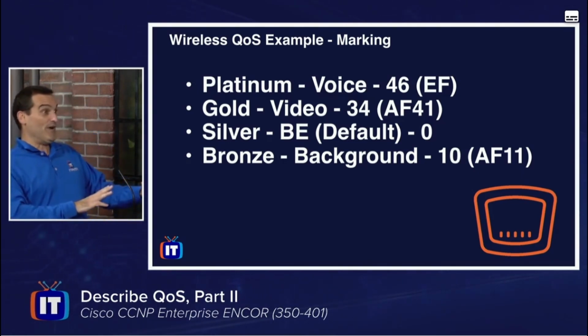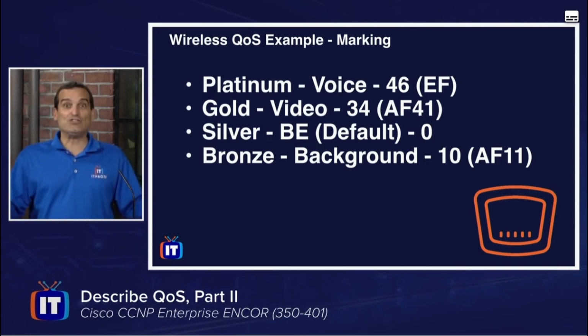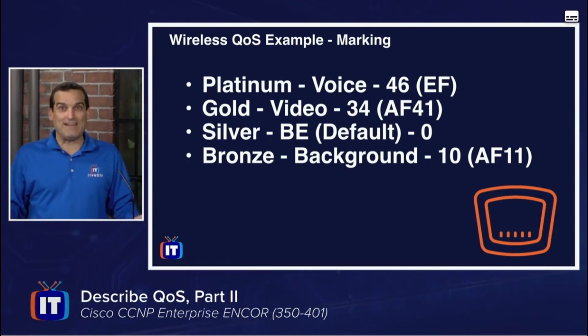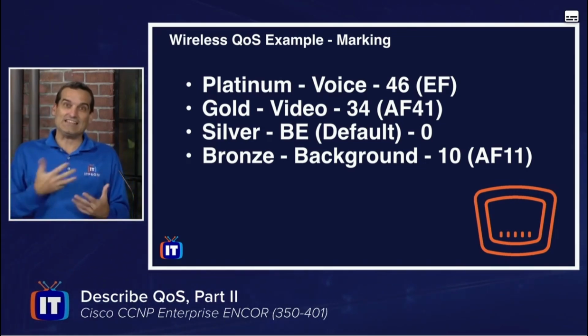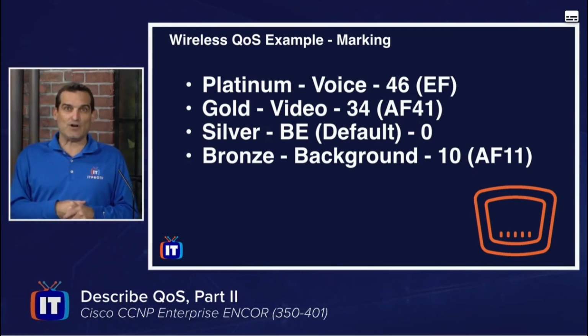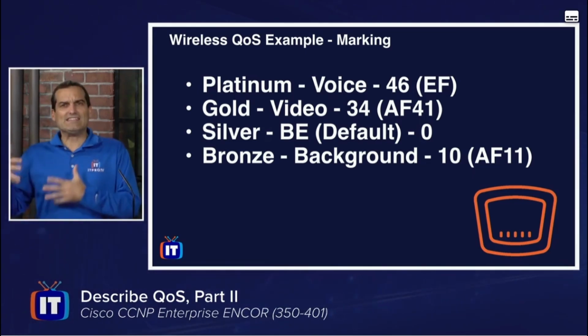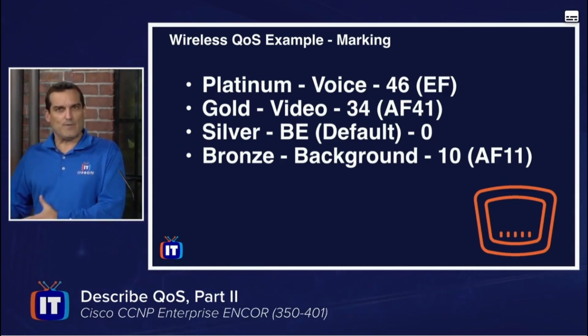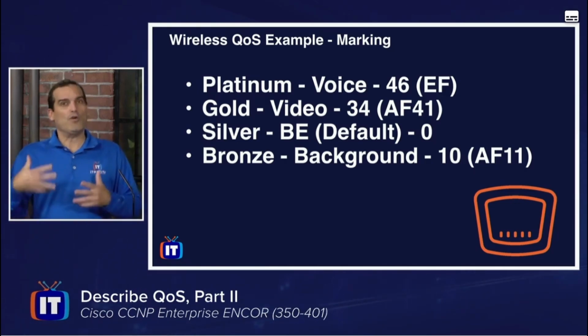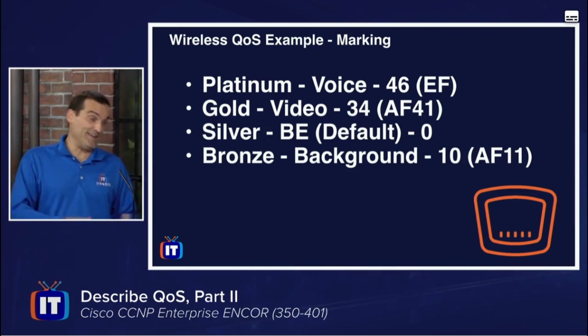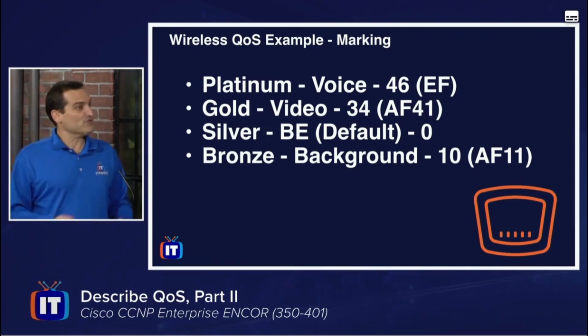What did we say about voice? It always should be marked expedited forwarding, and sure enough it is. It has a decimal value of 46 at the marking, and it's that expedited forwarding. So notice, inside a wireless QoS environment, even though it's wireless, we're still going to be classifying, marking, and then treating traffic differently based on those markings.